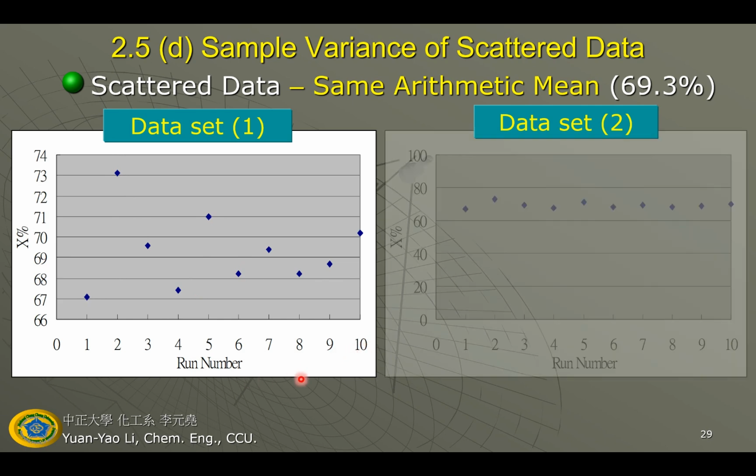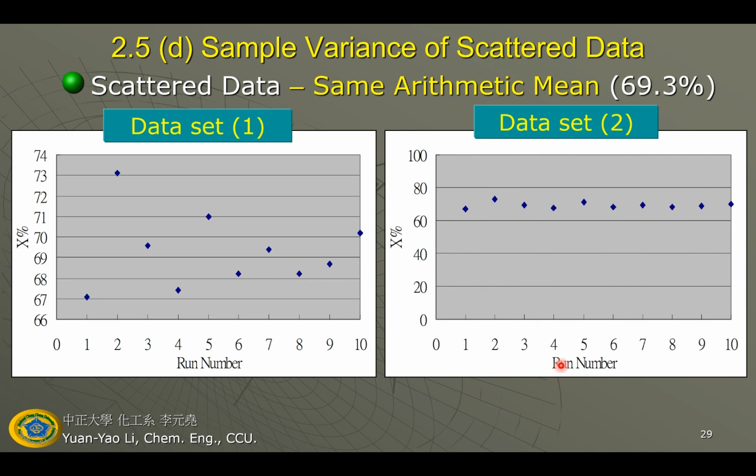And data set B is like this, right? There are 10 runs. And again, the y-axis is the conversion rate.